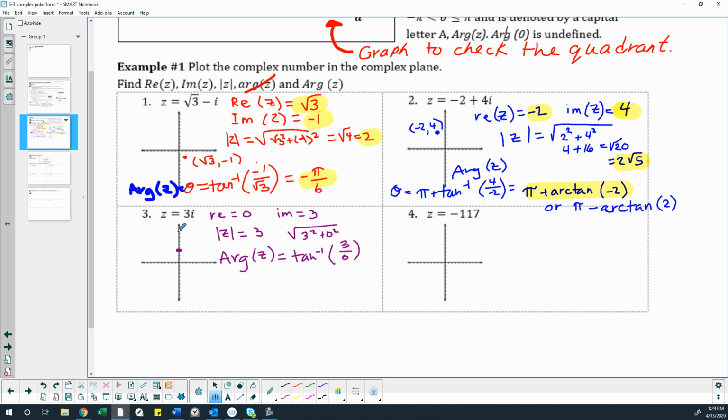You can actually look at the angle on our graph. We should immediately know where it is just by looking at it. Yeah. So the argument is going to be at pi halves. Why not 3 pi halves? The tangent of 3 pi halves is also undefined. That means the point would go down. It would be a negative 3i instead of up, which is a positive 3i.